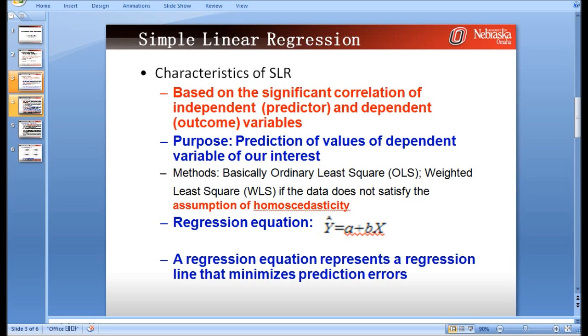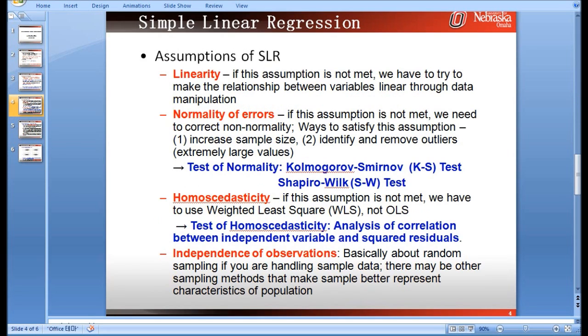Before getting into an illustration, here are some critical assumptions of simple linear regression. The first assumption is about linearity.